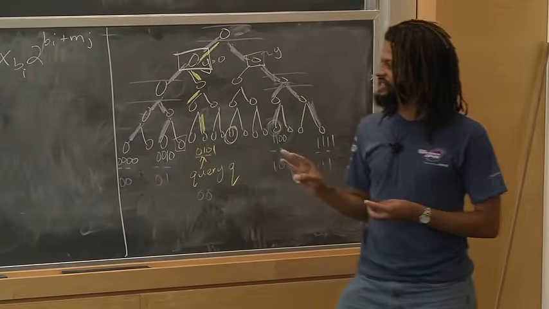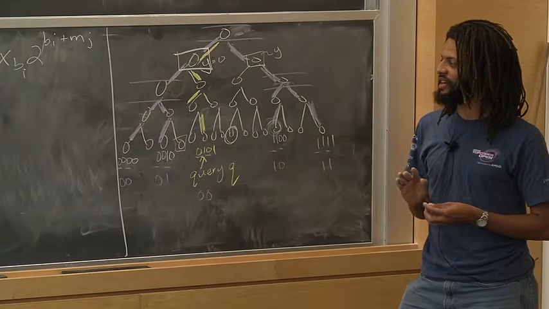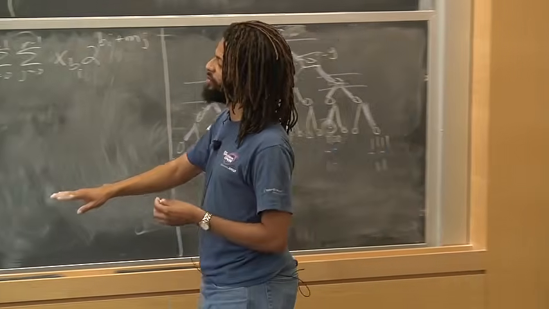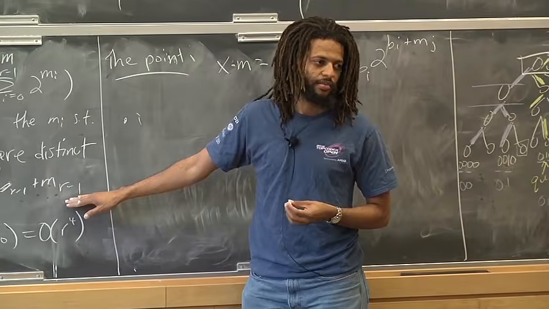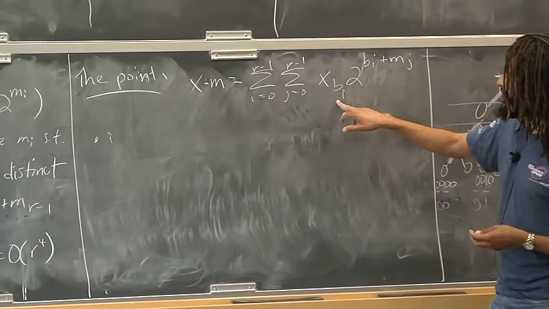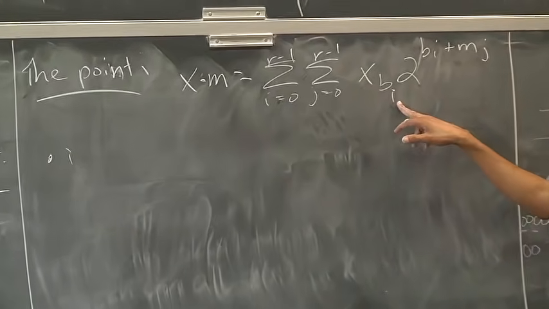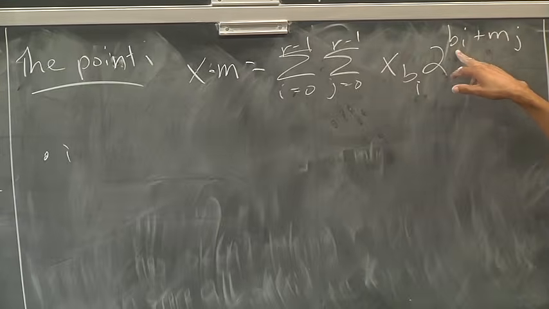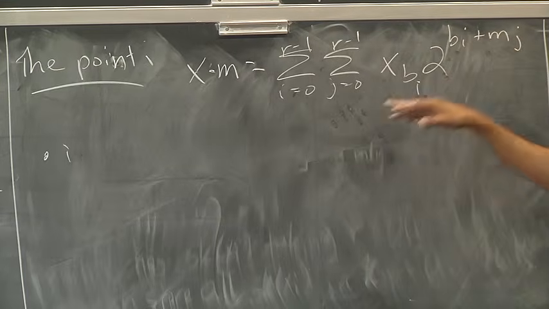And what I'm saying is these are going to be where we'll read those R bits off from. So if you look at you want xbi for I between 0 and R minus 1. If you want xbi, just look at the power of 2, which corresponds to bi plus mi. That's what I'm saying over there.